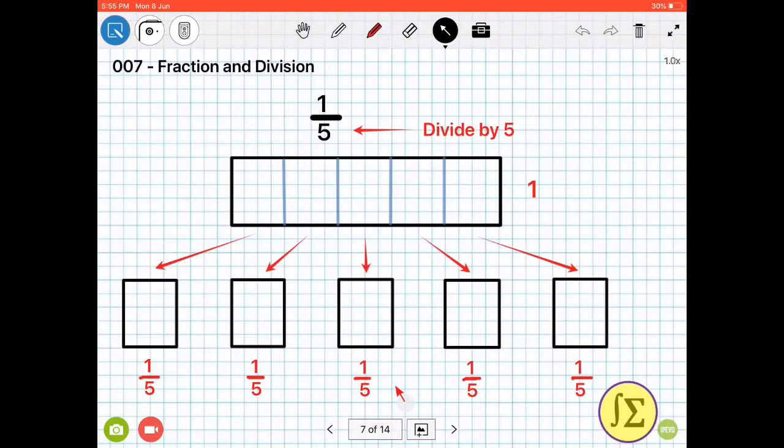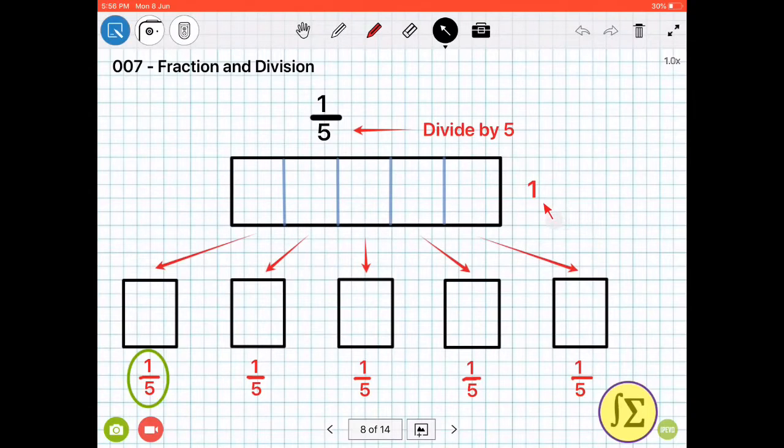So 1 over 5 means you have 1 unit divided into 5 equal parts, and we're looking at one of those parts, which has a value of 1 over 5.